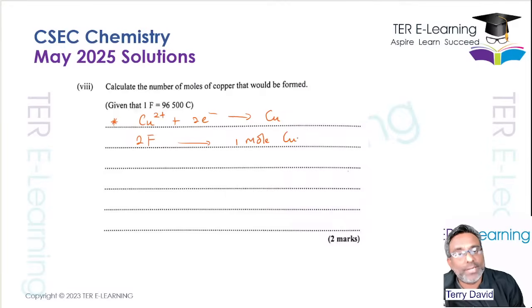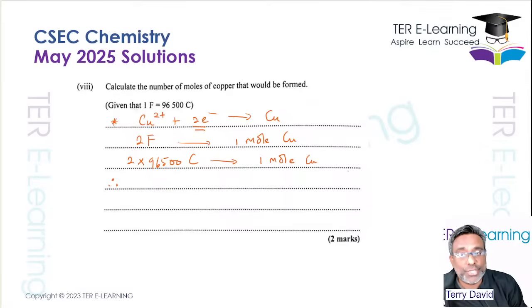That is what that equation is telling me. 2 Faradays, because you have 2 moles of electrons here. So let's convert this into coulombs. So 2 by 96,500 coulombs will produce 1 mole copper. I'm getting this straight from that equation there.